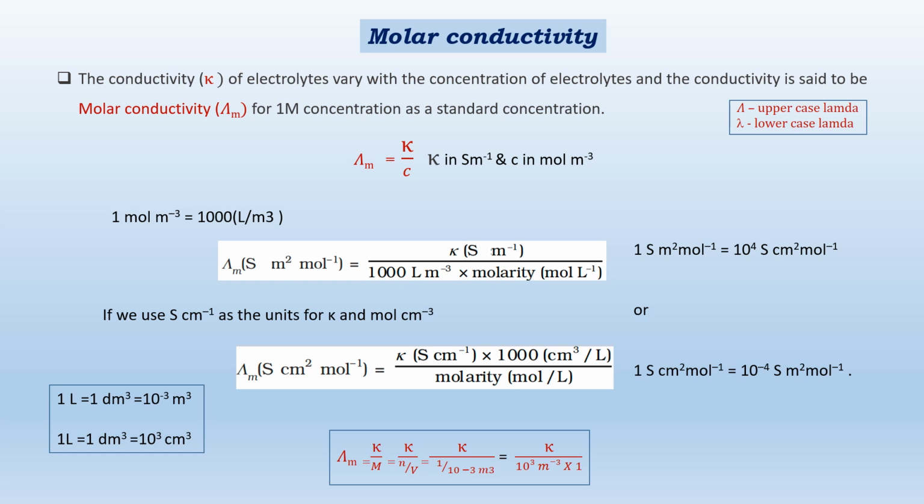For the meter cube, n was 1. The number of moles is 1 because the concentration is 1 molar. 1 molar means 1 mole in 1 liter of solution.